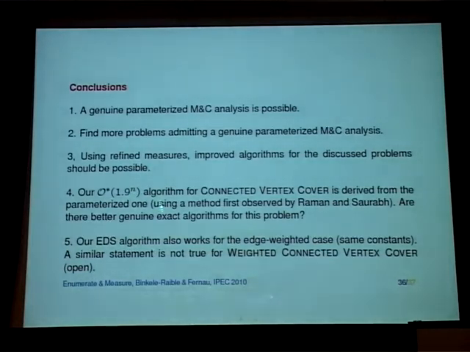This exact algorithm I was talking about for connected vertex cover is basically derived by a trick first observed by Raman and Saurabh, just taking the parameterized algorithm and plugging it into a two-way case distinction. Is there something genuine exact algorithm here?